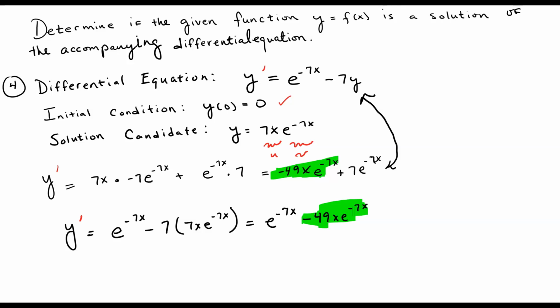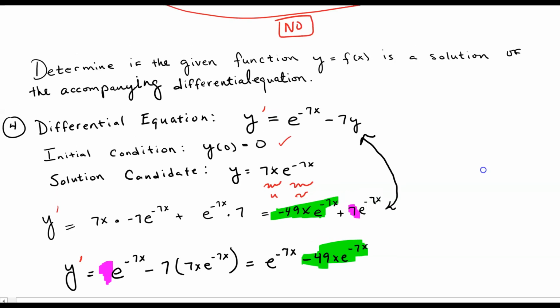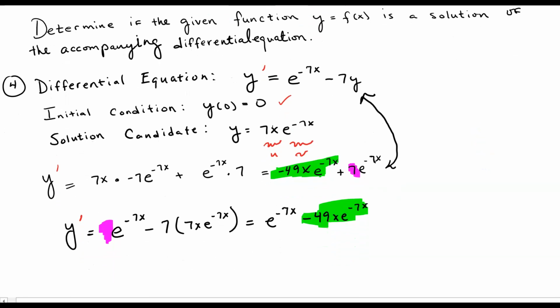Notice there is a 7 here, and I'm going to highlight it in purple, that is not there. So the question is, was the function a solution to the differential equation? And the answer is no, it is not a solution.